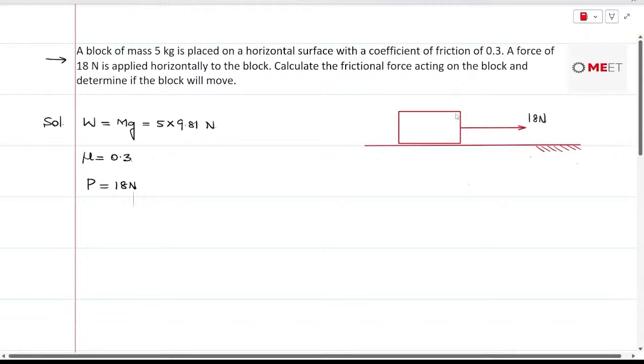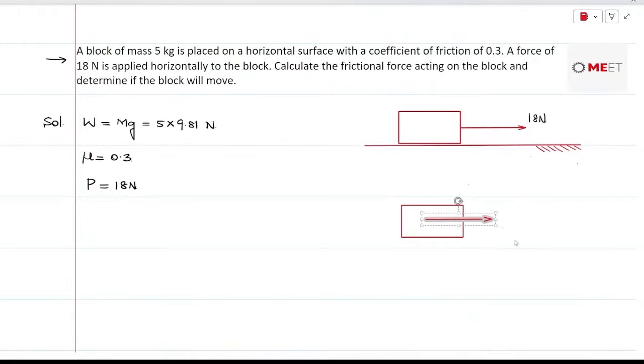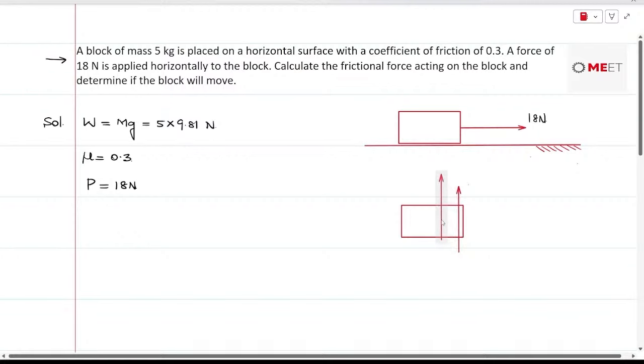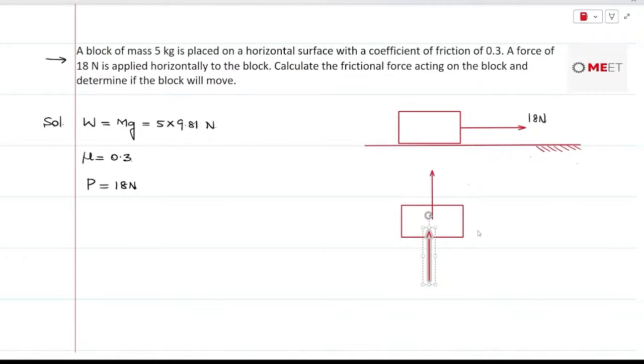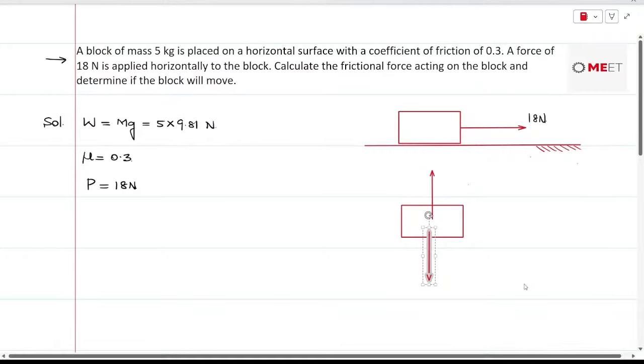So first, we start with the free body diagram. In the free body diagram, let me just mark the forces. There will be the weight of the block that is going to act downwards, and along with the weight there will also be another force that is countering the weight, that is the normal reaction. Let me draw the weight as well as the normal reaction.